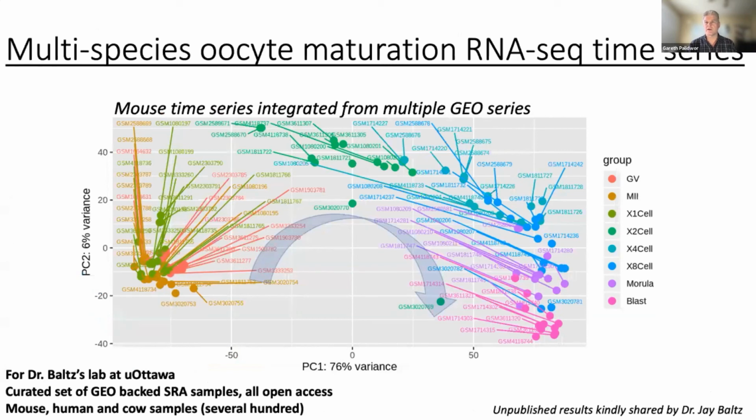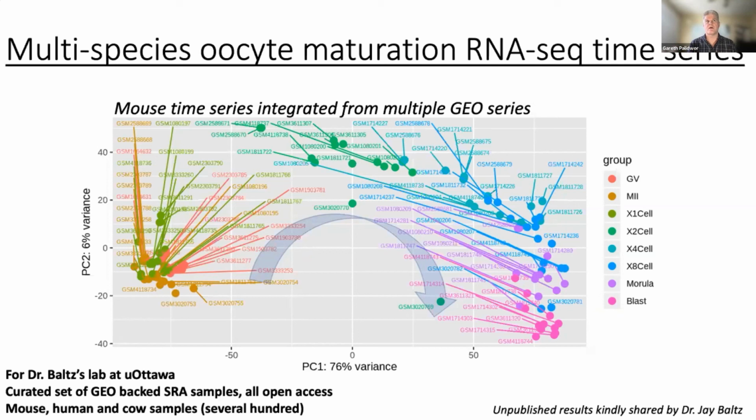With the help of his grad student, Angus Macaulay, Angus curated a huge set of papers and the associated samples, which we then integrated into 3 separate datasets of RNA-seq data. And the RNA-seq data was integrated and analyzed as such.